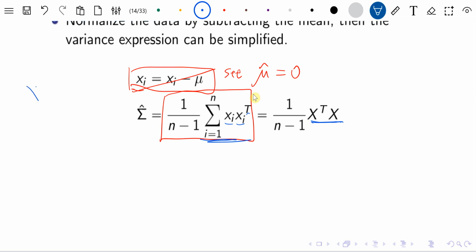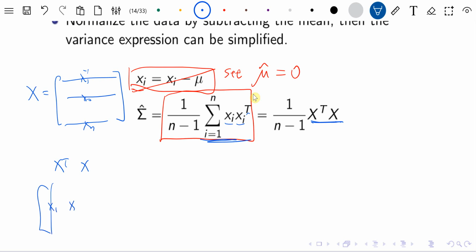So first, remember x is x1 transpose and x2 as a row, until xn as a row. So x transpose x is x1 as a column, x2, x3 until xn, not m.